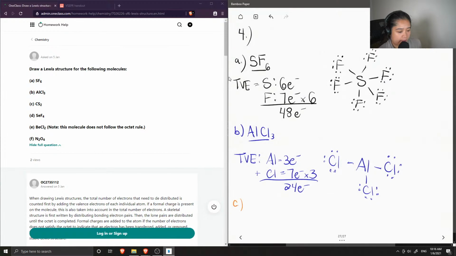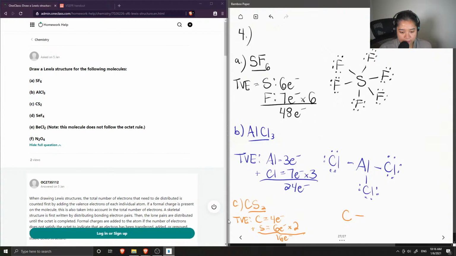Okay, so let's try to fit carbon disulfide at the bottom here. For the total valence electrons, carbon has 4, sulfur has 6 times 2, which is 12. So we have a total of 16 valence electrons in carbon disulfide. Now let's draw carbon as our central atom, single bonded to the 2 sulfurs.